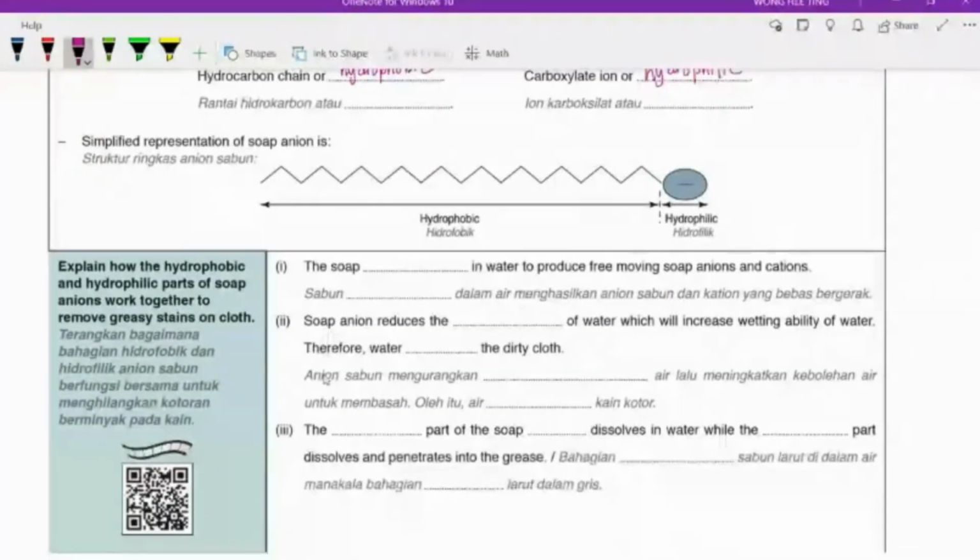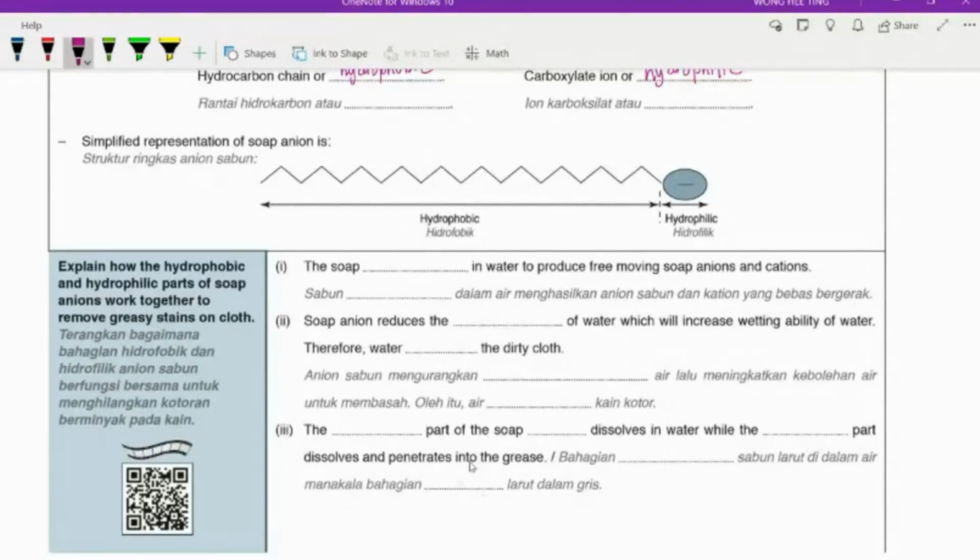So explain how the hydrophobic and hydrophilic parts of the soap work together to remove greasy stains on the cloth. Detergent is almost the same.